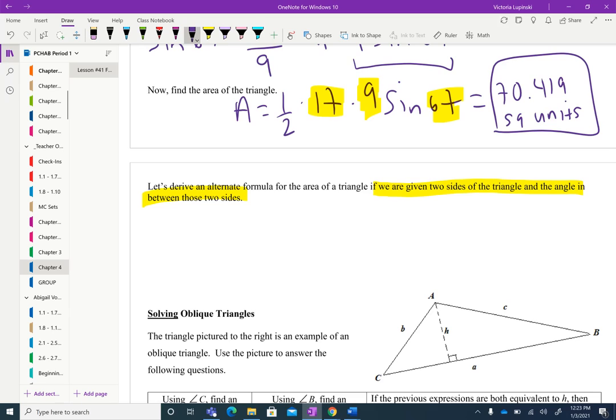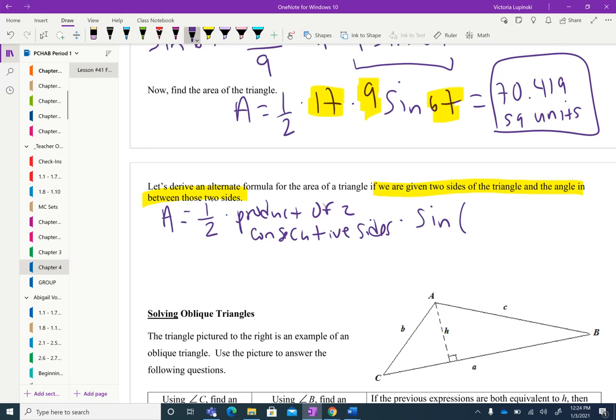So the formula is going to say that the area is going to be equal to 1/2 times, we'll say, the product of two consecutive sides, and they have to be in a row, times the sine of the angle between them.